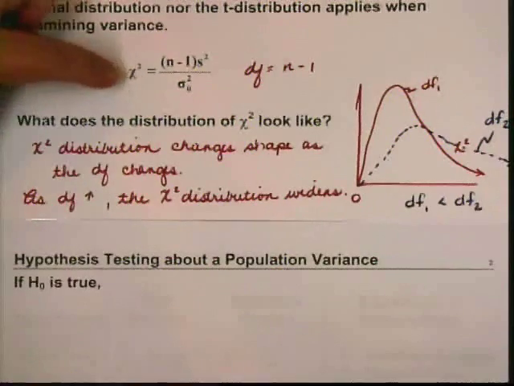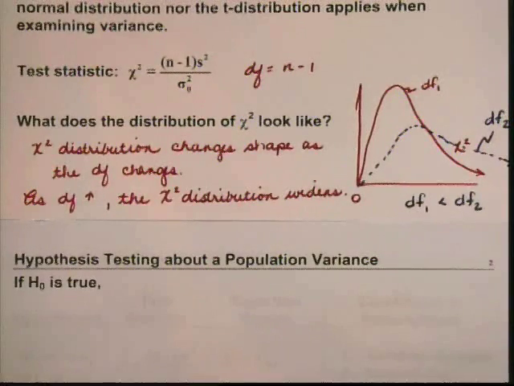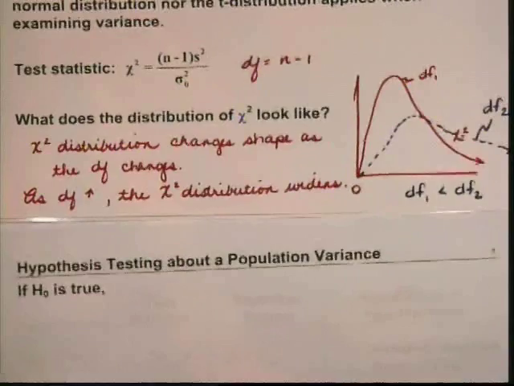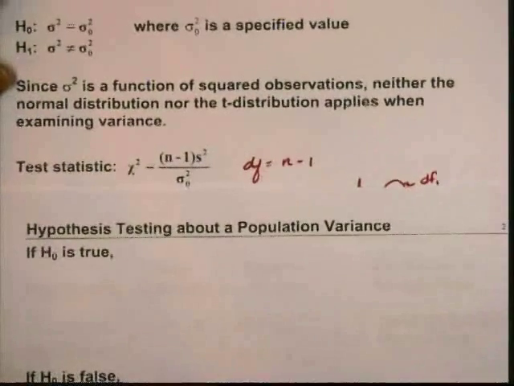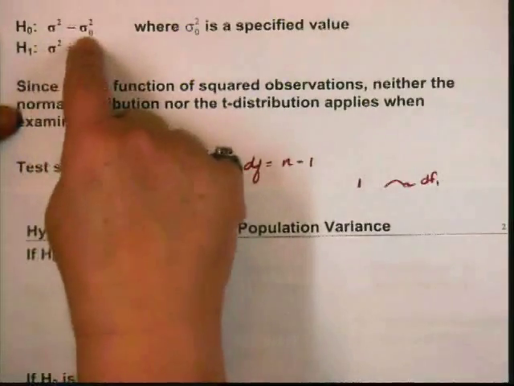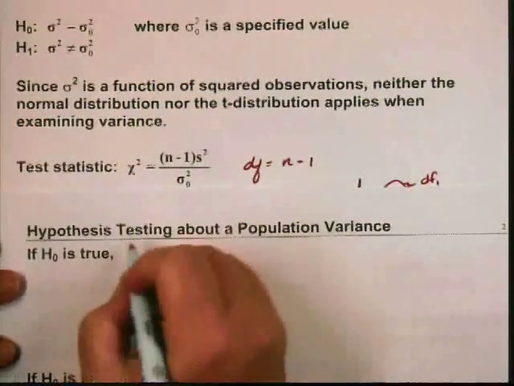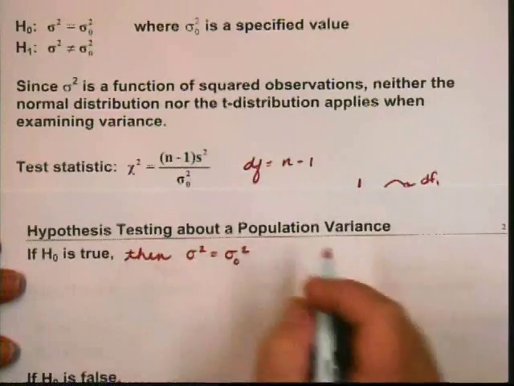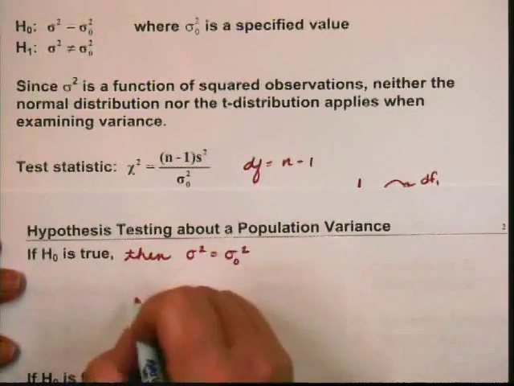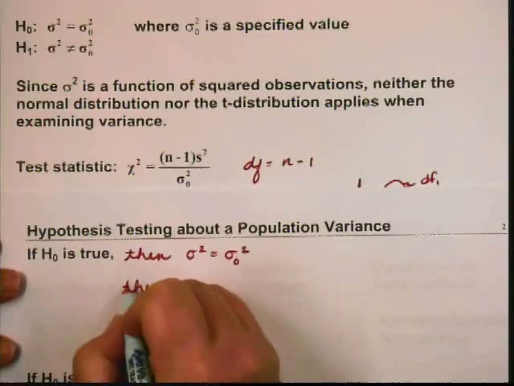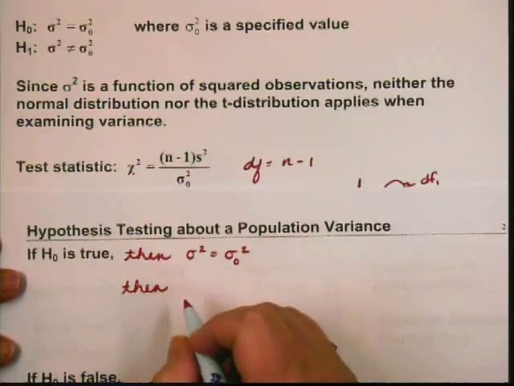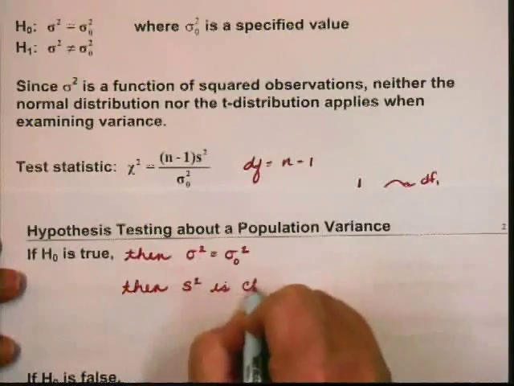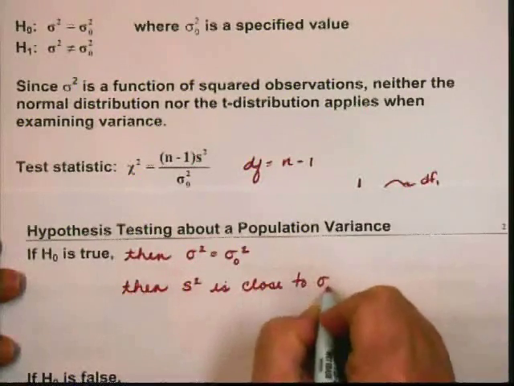If we look at this test statistic up here, if the null hypothesis is true and sigma squared equals sigma naught squared, then whenever we compute our sample of whatever size it is, our sample variance should be close to sigma naught squared.